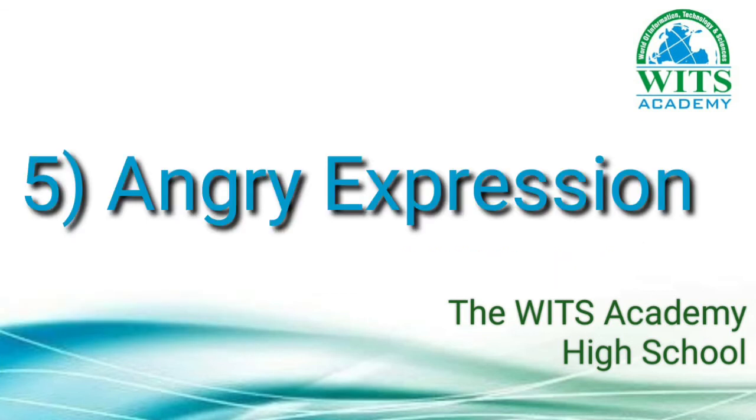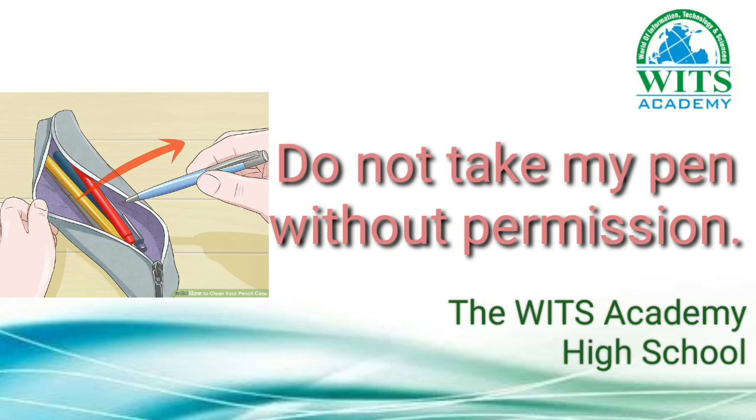The fifth type of imperative sentence is angry expressions. Now what are angry expressions? Look at the picture. Somebody is taking a pen out of a pouch. And the one whose pouch it is, he is angry with the person who is taking out the pen and says, do not take my pen without permission.